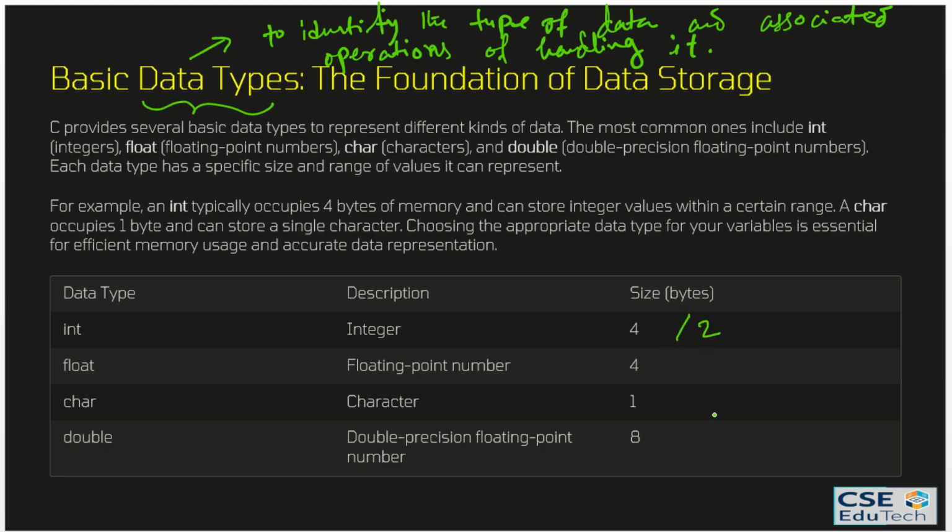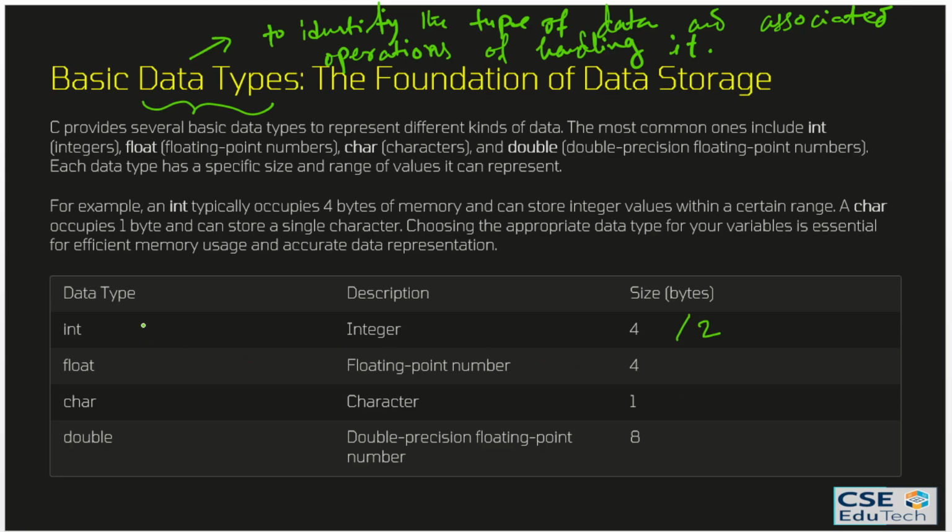Float is considered 4 bytes, character 1 byte, and double 8 bytes. So proper utilization of memory can be done when suitable data types are used. Clear? That's why there is a necessity of data types.